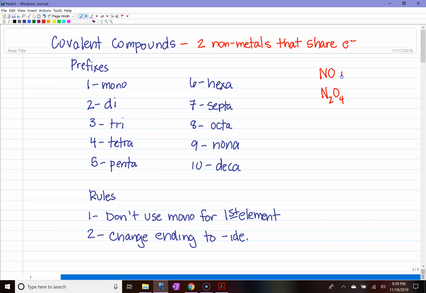It would be simply nitrogen monoxide. Also, when you have oxygen or anything that's going to produce a double vowel, you're going to drop the vowel that's with the prefix. So that's the A's and the O's.